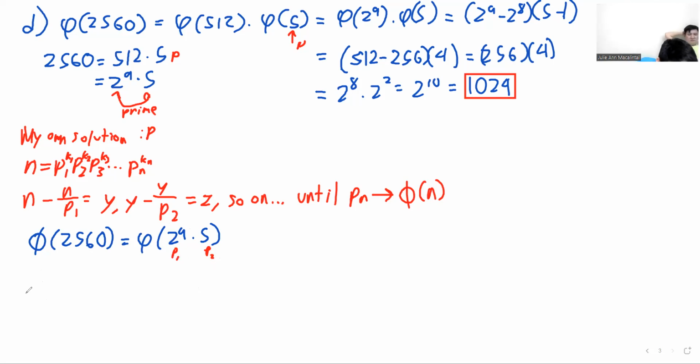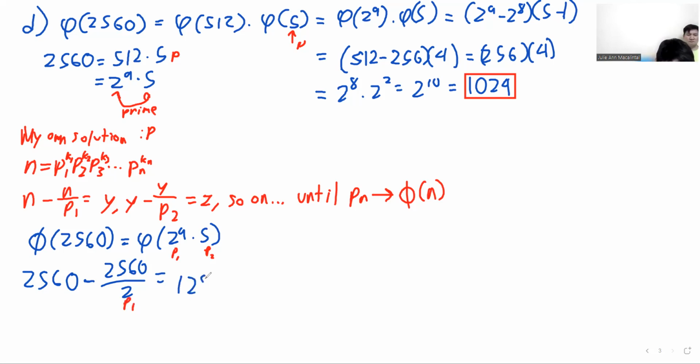Okay, so now 2560 minus 2560 over 2. This can get easier if the prime factorization is rather small. It can get very big, but if it doesn't contain many primes, this will be easier than other methods. This is P1.